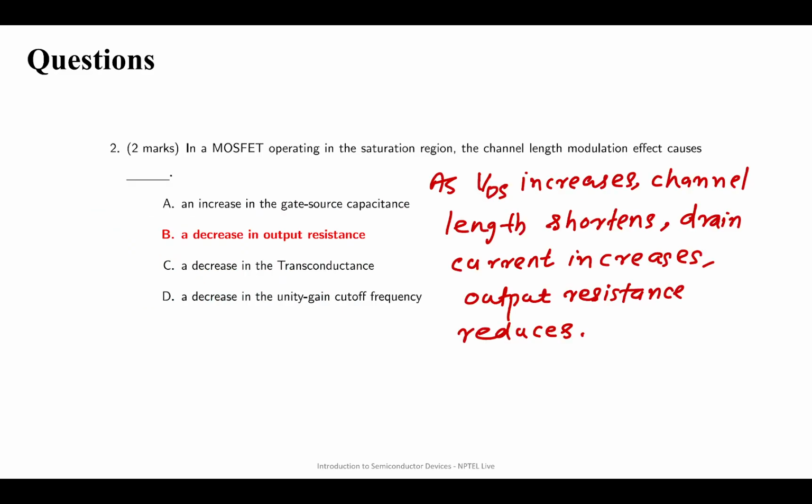The answer to this is decrease in output resistance. As VDS increases, the channel length shortens, resulting in an increase in drain current, that is, a decrease in output resistance.